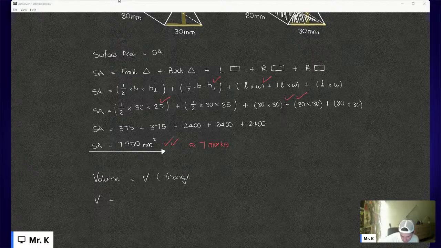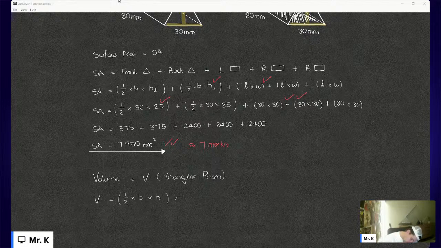Now at the beginning of the lesson, I gave you guys a formula that you need to slowly practice using. The volume of a triangular prism is a half times base times height, with everything being multiplied by the length of the prism.